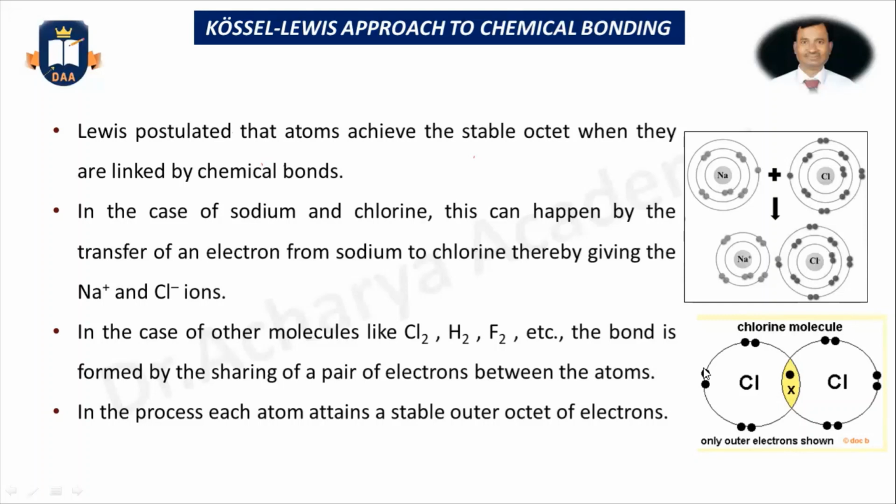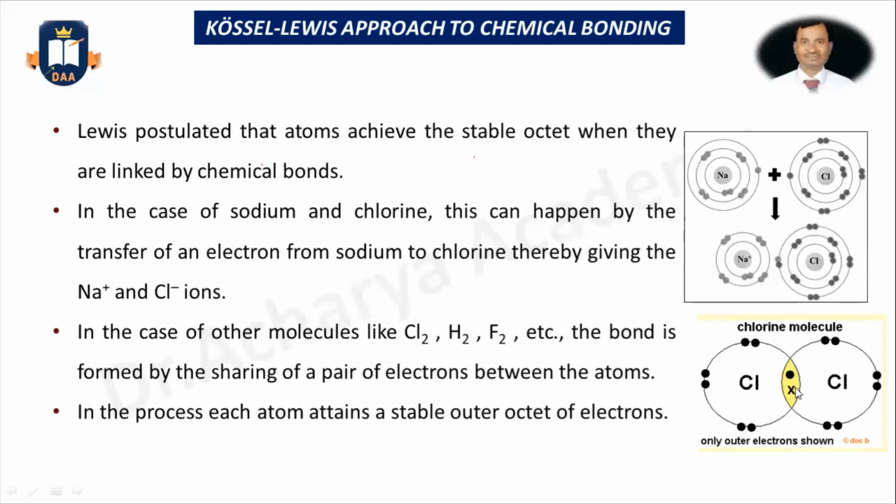Here you see that both chlorine atoms have 7 electrons, 1, 2, 3, 4, 5, 6, 7, and the right side chlorine atom also has 1, 2, 3, 4, 5, 6, 7. So 1 electron from each chlorine atom will form one pair of electrons, which will be shared by both chlorine atoms to form the octet for each chlorine atom.